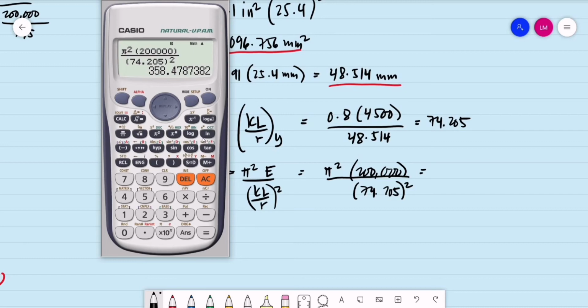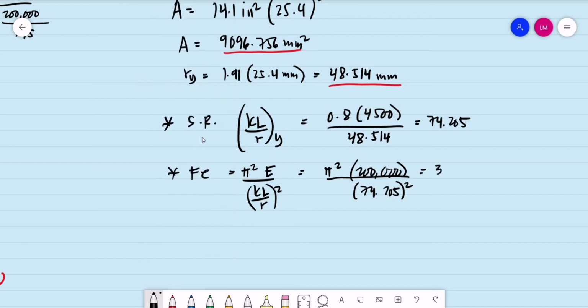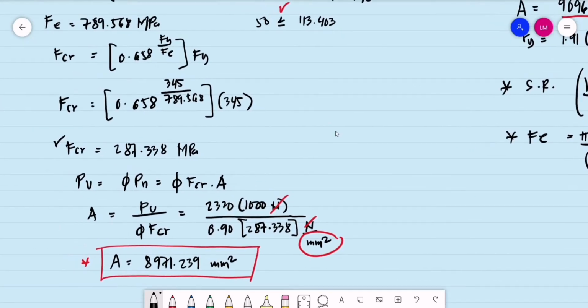Okay, that is 358.479 megapascals. So by the way, our slenderness ratio is less than 113.403. So that's our first condition a while ago.